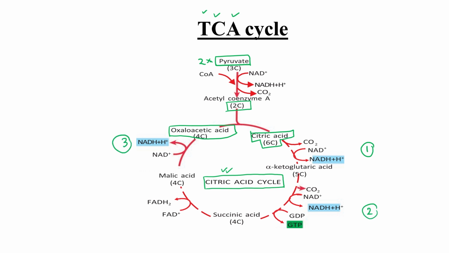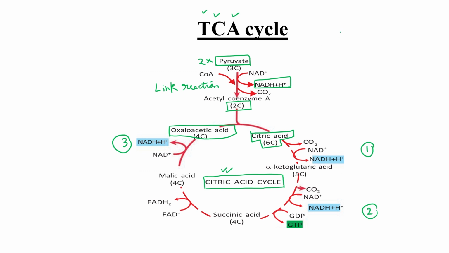Okay, 3 levels. And can I write over here, during the conversion of pyruvate to acetyl coenzyme A, 1 NADH is generated over here? Yes. And this particular reaction, the conversion of pyruvate to acetyl coenzyme A, I can write over here as the link reaction.